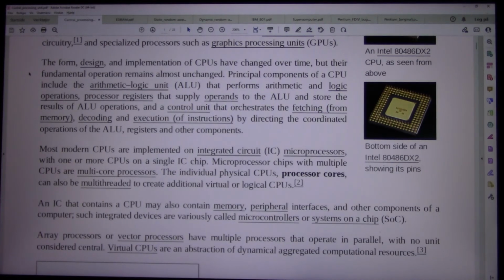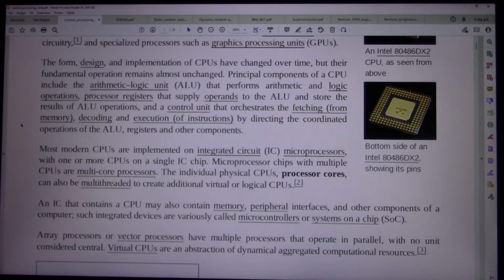Principal components of a CPU include the Arithmetic Logic Unit, ALU, that performs arithmetic and logic operations, processor registers that supply operands to the ALU and store the results of ALU operations, and a control unit that orchestrates the fetching from memory, decoding and execution of instructions, by directing the coordinated operations of the ALU, registers and other components.